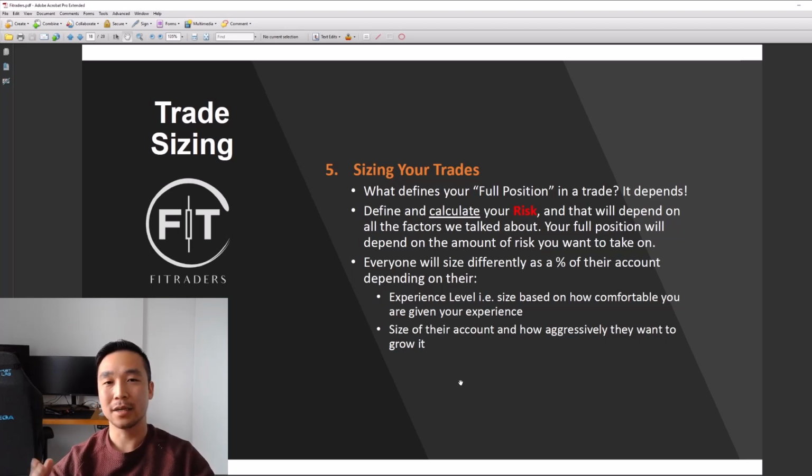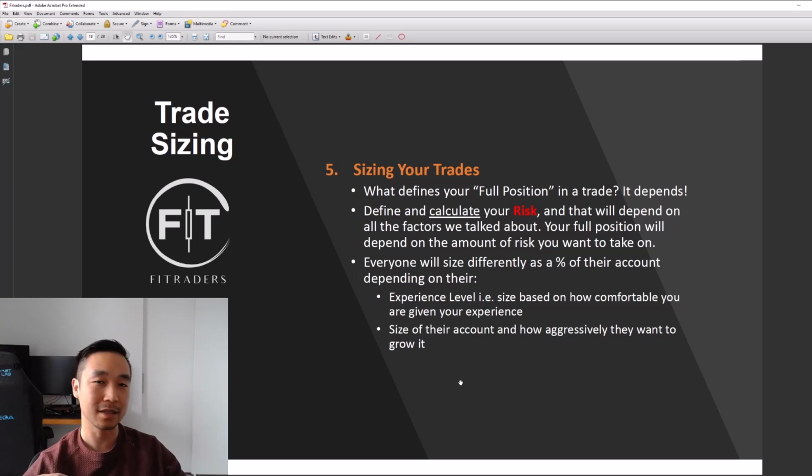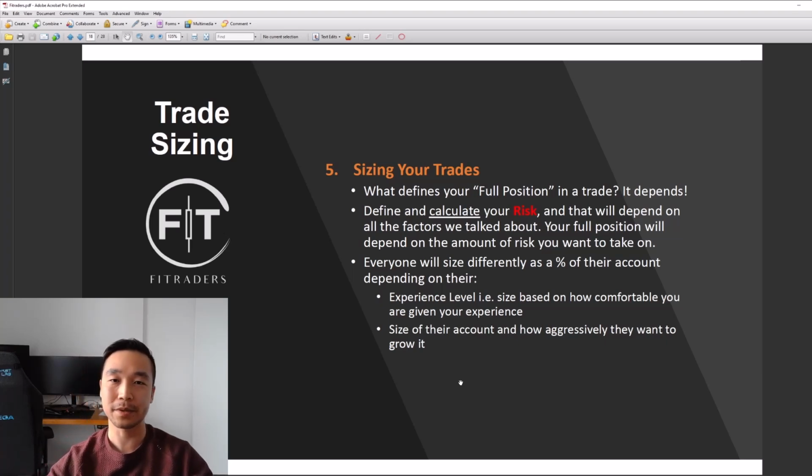So I can't tell you what the full position is because that depends on you and your experience level in the market. But what I do is I'll look at what is that 1% loss in my account, and that's what I'll usually take as my maximum loss, 1 to 2%.